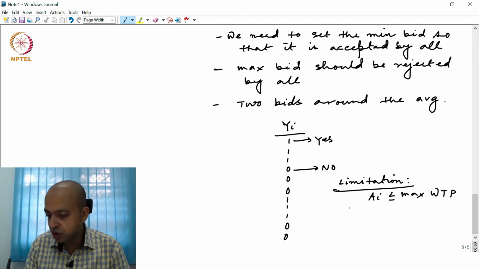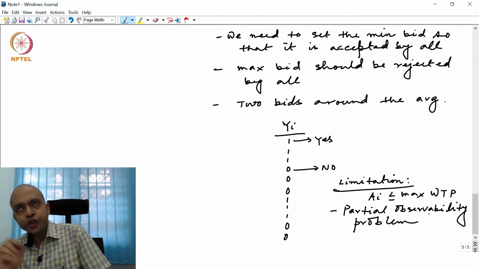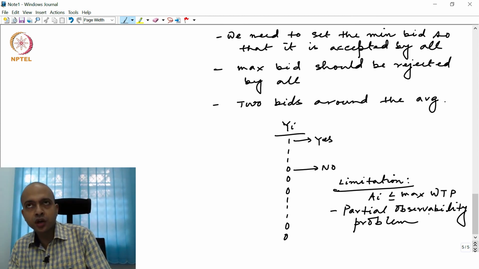Since the bid is less than or equal to the maximum willingness to pay, this is called the partial observability problem, which we can actually overcome in open-ended referendum, which we will discuss later.